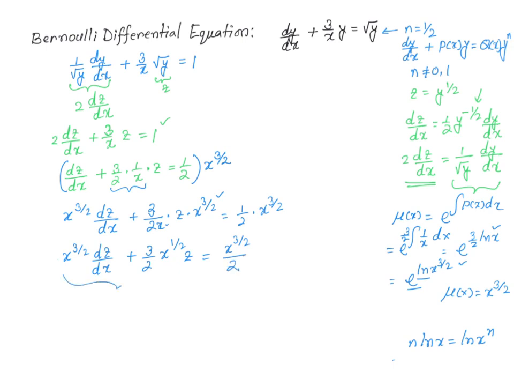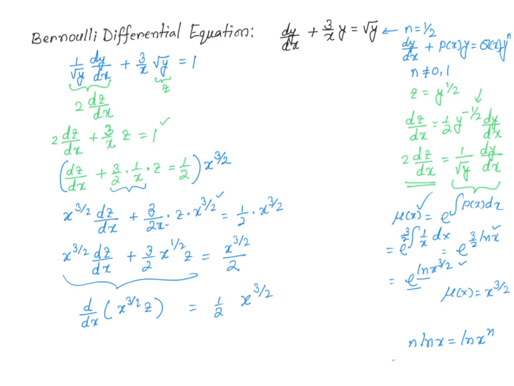Now the left hand side, the effect of multiplying by mu of x is that it makes it a derivative of a product of two functions. So this is going to be d over dx of x to the power 3 over 2 times z, and that is going to be equal to 1/2 times x to the power 3 over 2.